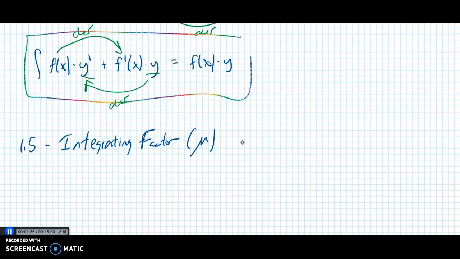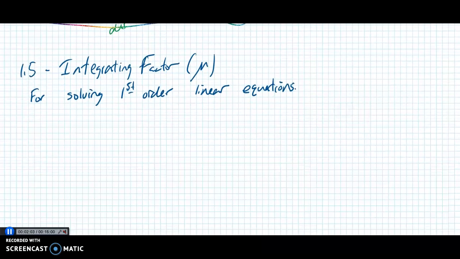That is our integrating factor, and it is for solving what we call first order linear equations. And we talked about what order meant, and linear versus nonlinear meant, in the last class. So I'm just going to give you one example that is first order linear, and we will eventually solve this one.